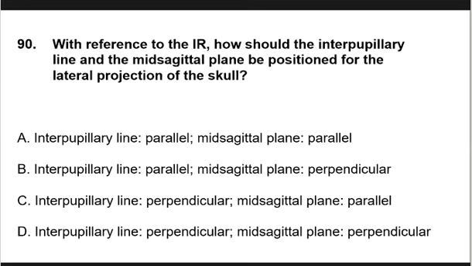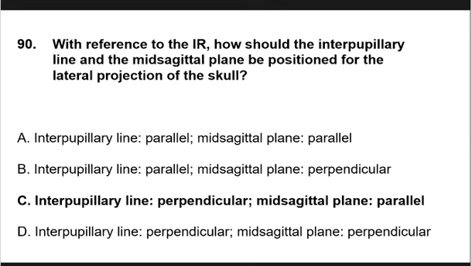Always remember that if the patient's skull is lateral, the IPL is perpendicular and the mid-sagittal plane of the head is always parallel in relation to the image receptor.